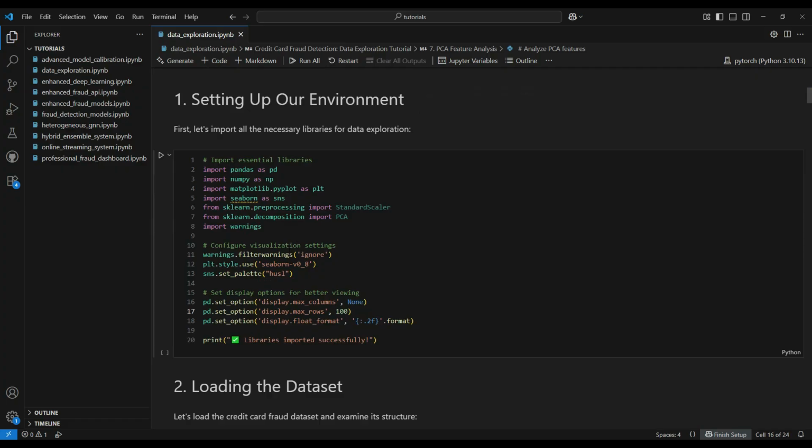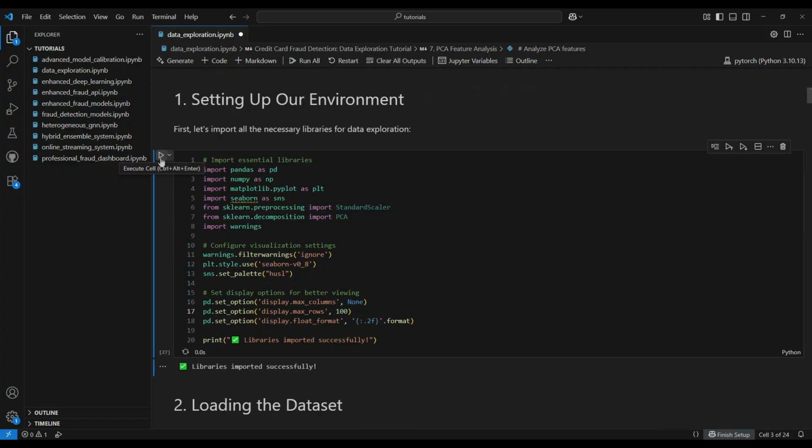Now let's import our Python libraries. I'm importing pandas for data manipulation, numpy for numerical operations, matplotlib and seaborn for visualizations, and some scikit-learn tools we will use later for outlier detection.